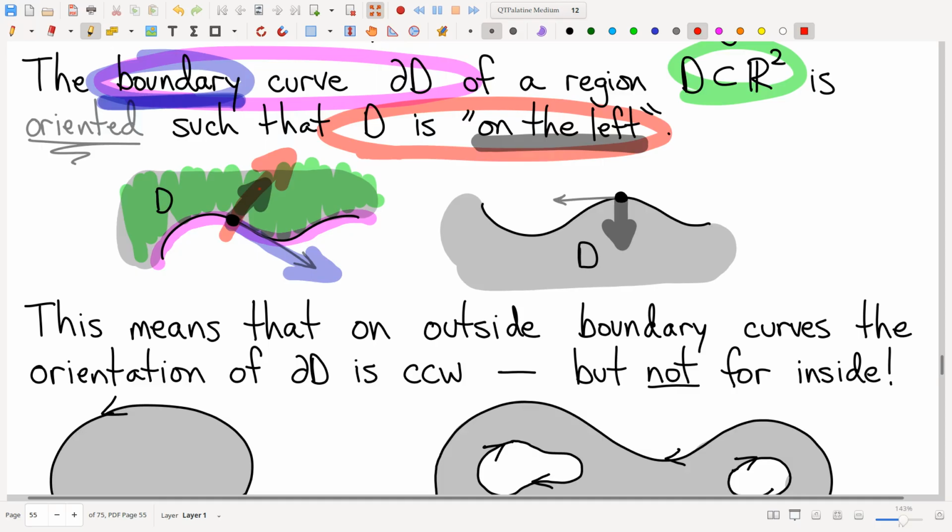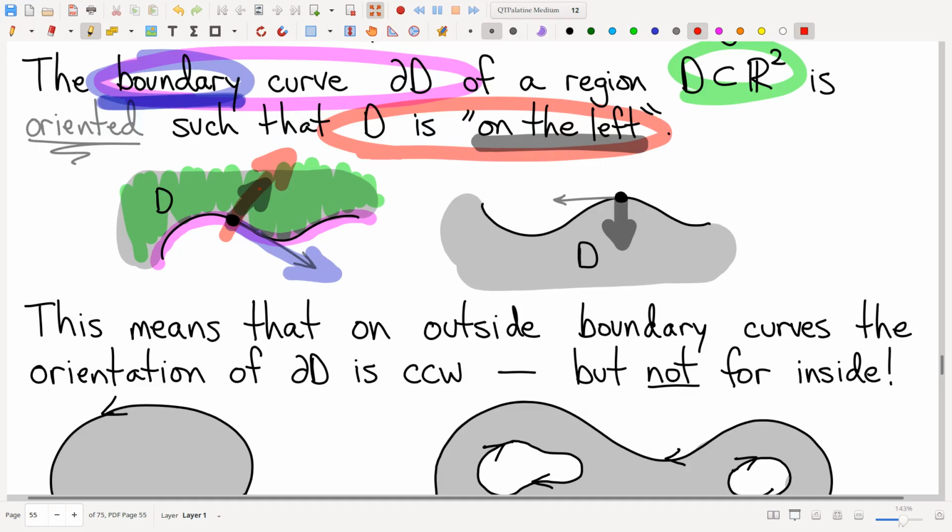We have to be on board with how planet Earth does business, and this is how planet Earth does business. So notice on this part of the boundary curve, this direction along the boundary, if you were walking that way, is the way that would put the region on your left. If you were going the other direction, the region would be on your right, not on your left. Does that make sense?